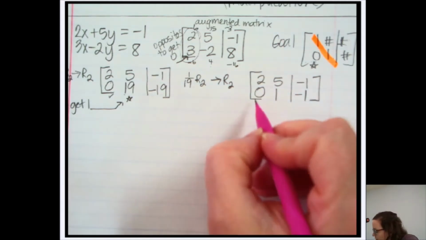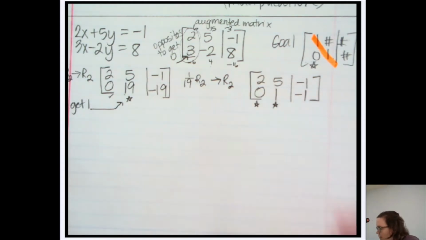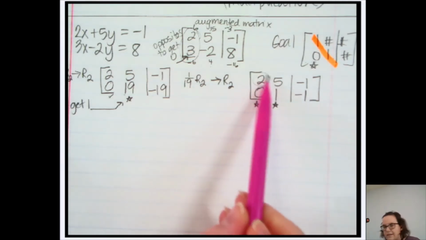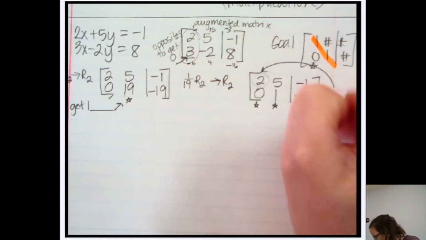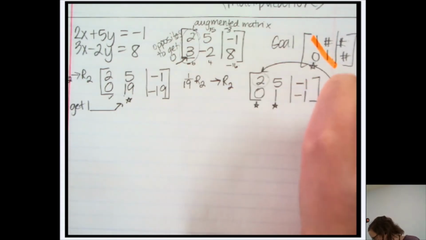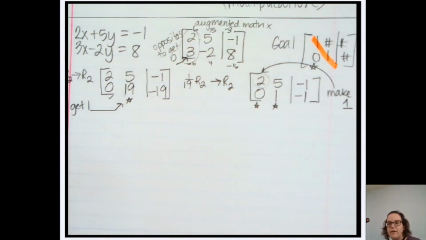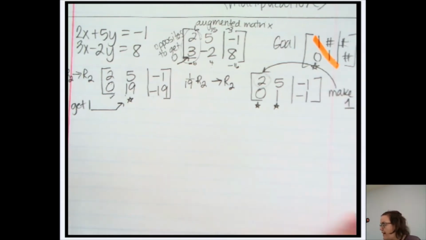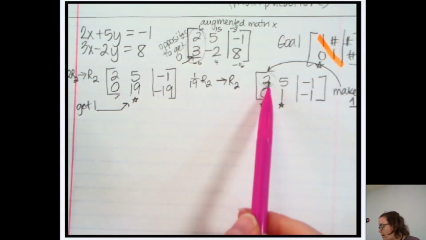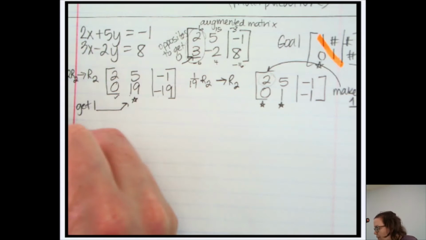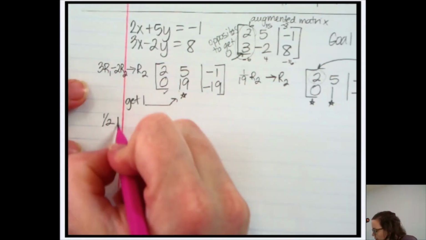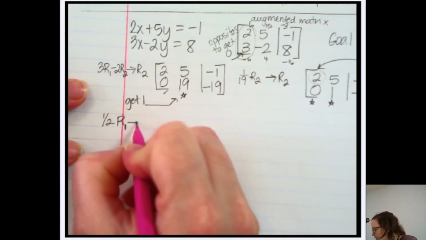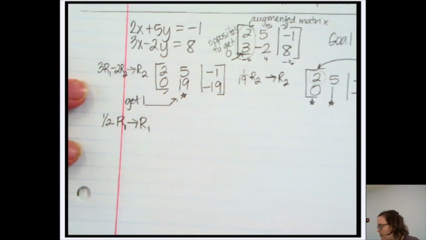So far we have our 0 and our 1, and all we're missing is making this a 1. And how do we make it a 1? We do that by dividing. We divide by 2, or that's the same thing as multiplying by a half. So we take 1/2 of row 1, and we replace row 1.